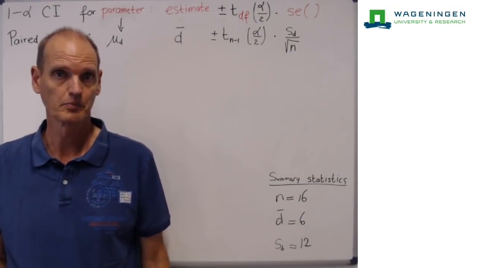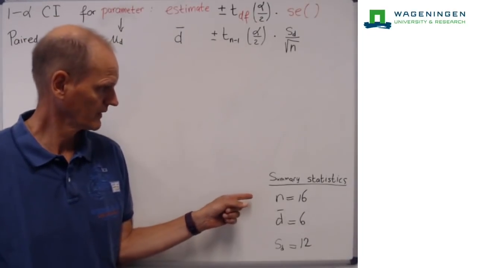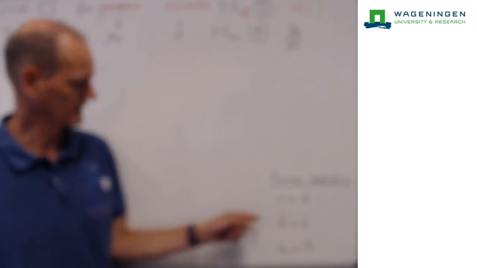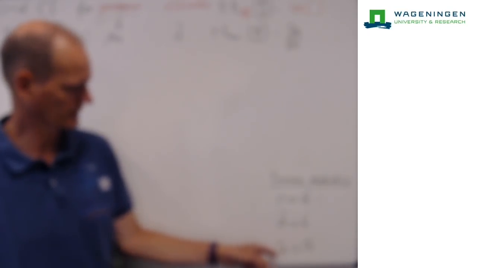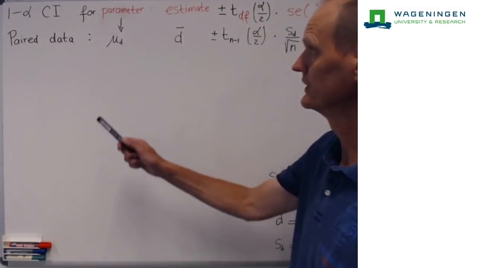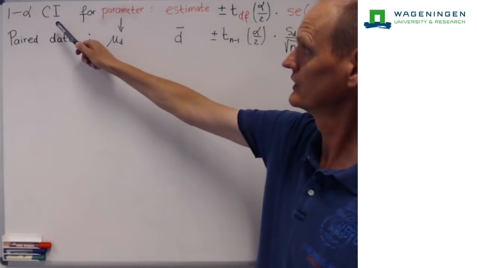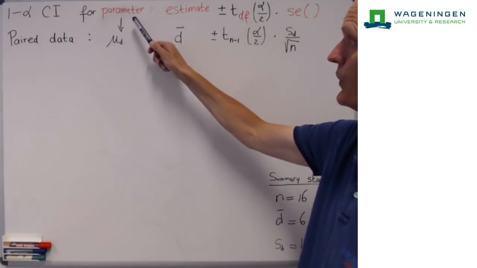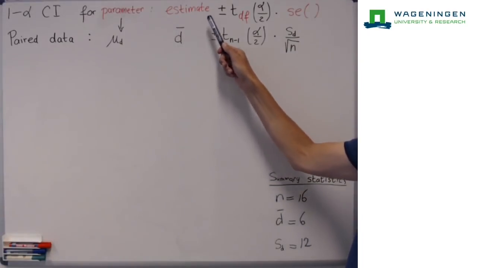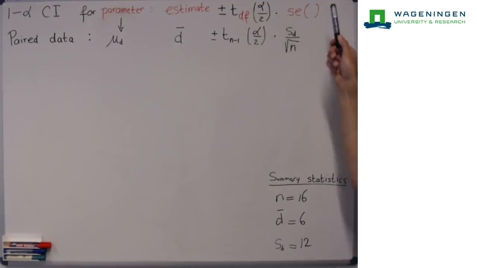I have done some preliminary writing on the whiteboard. First of all, the summary statistics, N is 16, D bar is 6, and the standard deviation of D is 12. And then I've given the general formula for a 1 minus alpha confidence interval for a parameter: estimate plus minus the t-value times standard error.